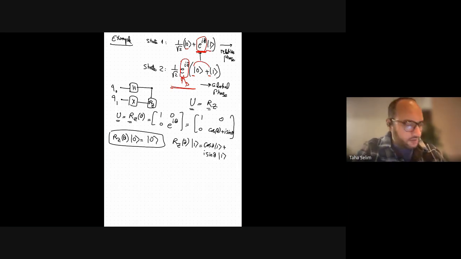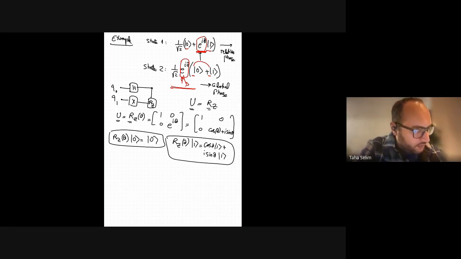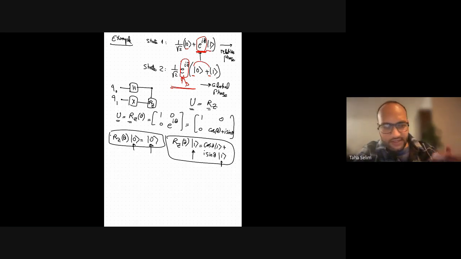Okay, so now this is the action of this rotational gate on these bases. So this is the action on the 0, this is the action on the 1. So if I have a qubit in one state, this is the action I see of the RZ of theta. If I have the qubit in 0, this is the action I see if the qubit is in ket 0 state.